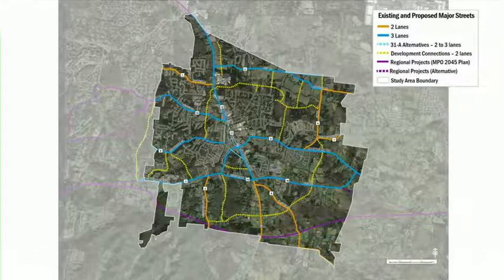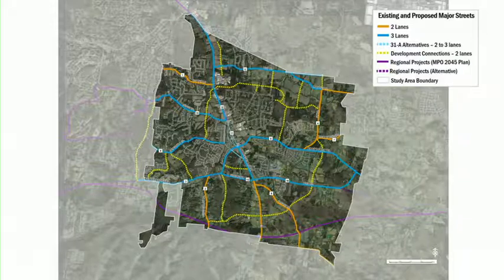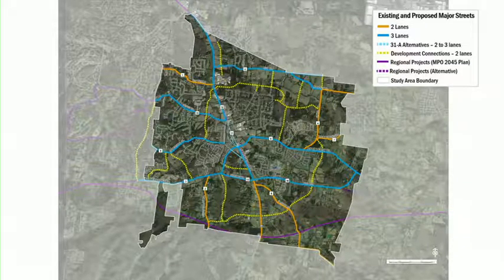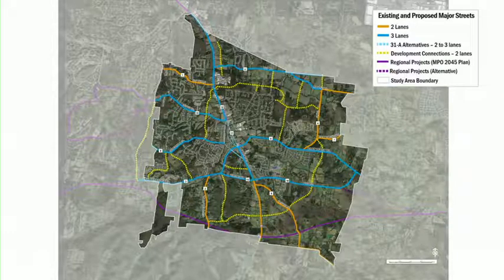And just as a rule of thumb, it's better to have smaller scaled streets, let's say 2 or 3 lane, spaced more frequently than it is to have larger scale, 4 to 6 lane roads, spaced less frequently.